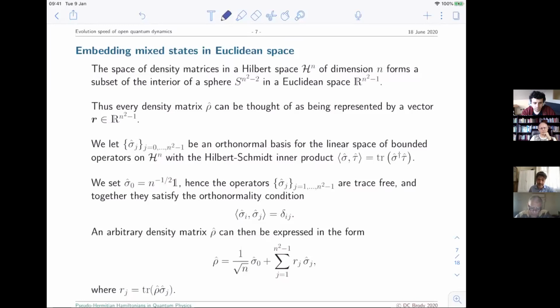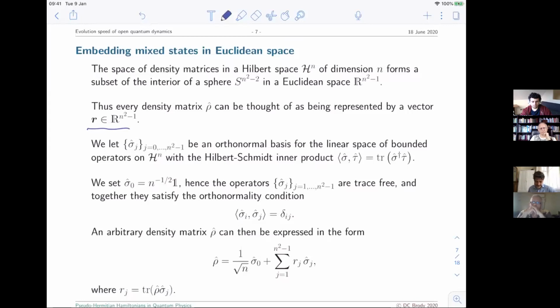So it's a slightly complicated idea, but intuitively speaking, we can reinterpret this in a trivial way. Namely, if you have a density matrix, it's Hermitian, so it has n squared degrees of freedom, but the trace of rho equals 1, so you have n squared minus 1 degrees of freedom. And therefore you can think of the degrees of freedom of the density matrix as given by an element of R^(n²−1).